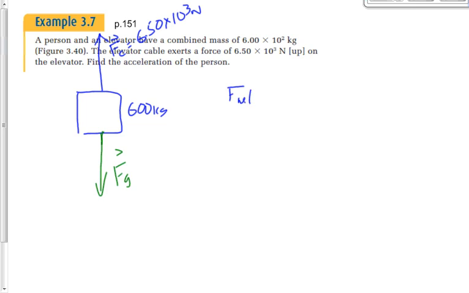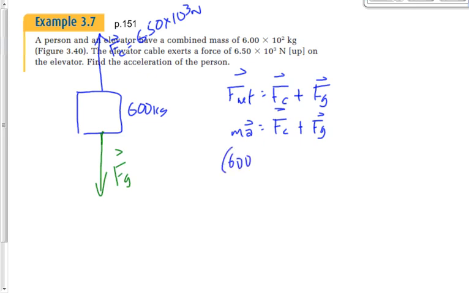Let's say F net is equal to the sum of the forces, Fc plus Fg, which is the same thing as Fn plus Fg, right? M is 600. This time, remember, it's the mass of the elevator and the guy inside. Should we draw the guy inside? Should we know his mass?